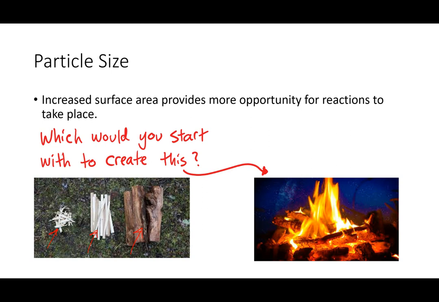Well, if you've ever been camping before, you know you definitely start with kindling because there's more surface area, there's more gaps between the splinters of wood for oxygen to get in and to fuel the fire, right? And then you can progress and move on to bigger ones and sustain this combustion reaction.